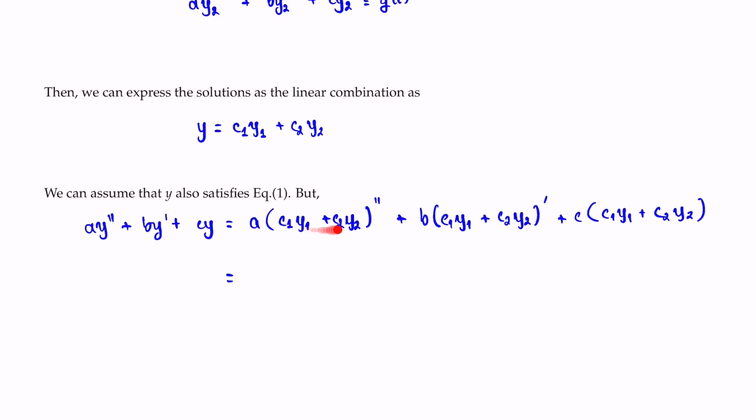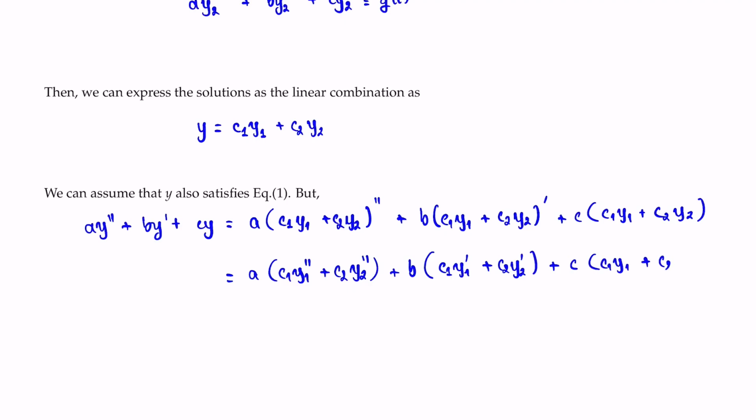So the derivative of a linear combination of y1 and y2: the derivative of the sum is the sum of the derivatives, and you can just take the constant out of the derivative operator, and just take the derivative of the functions y1 and y2. So this gives me a times c1 y1 double prime plus c2 y2 double prime, plus b times c1 y1 prime plus c2 y2 prime, plus c times c1 y1 plus c2 y2.